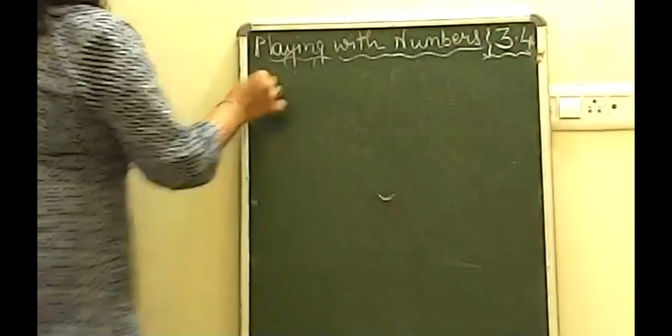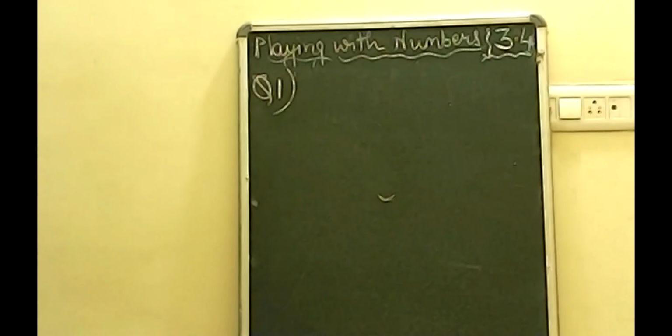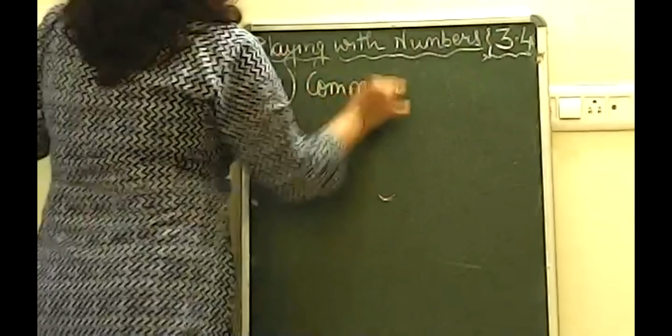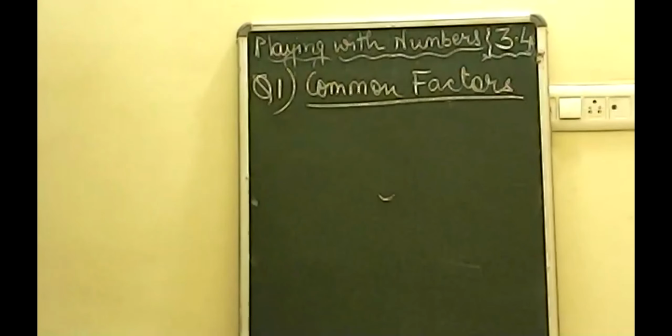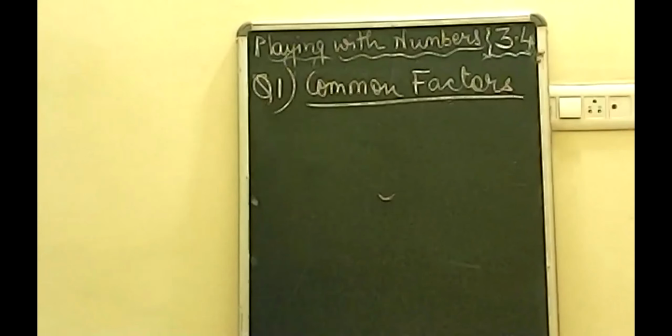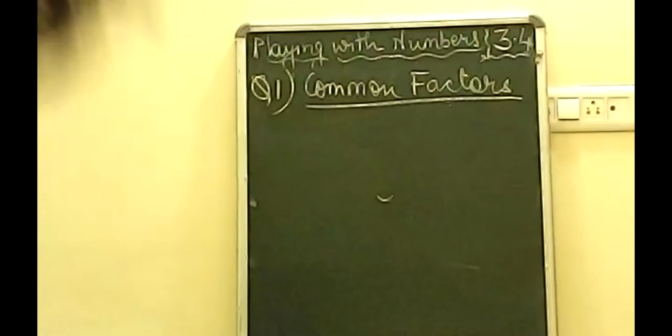So the first question from your exercise 3.4 is find out common factors. This is the question. Okay? I will take it one more step ahead. हम इसमें एक step और आगे बढ़ाएंगे इस question को. And then we'll do this.